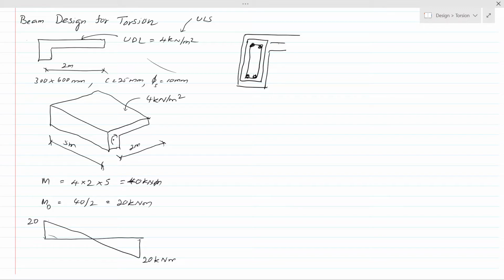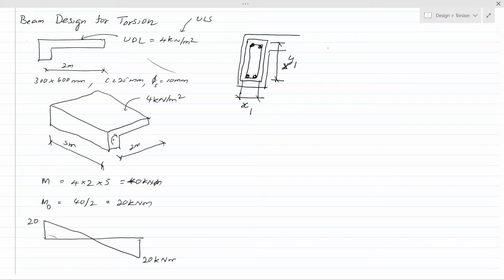We have to consider the center to center distance of this stirrup. So with our beam height, this center to center distance has to be calculated. The smallest distance is considered as x1 and the largest distance is considered as y1.